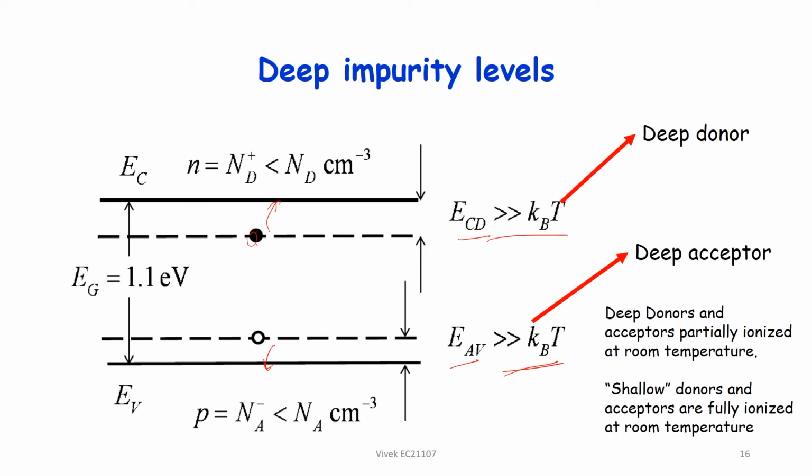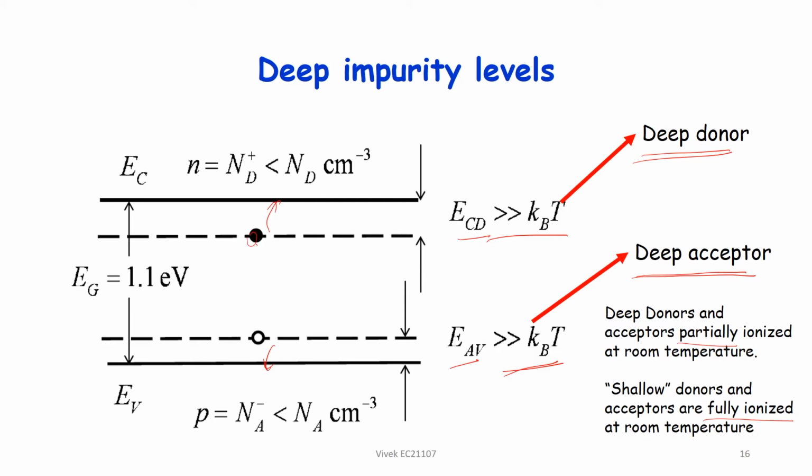So these are called deep energy levels, deep donor defect level or deep acceptor defect level, and they do not contribute much to the electron hole concentration. Only the shallow donors and acceptors contribute to the electron hole concentration, because at room temperature they are fully ionized, whereas deep donors and acceptors are partially ionized. So if you dope with 10 to the power 17, not all will be ionized, but some of them will be ionized.